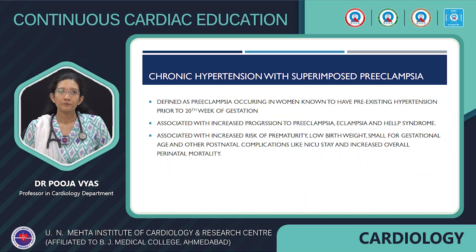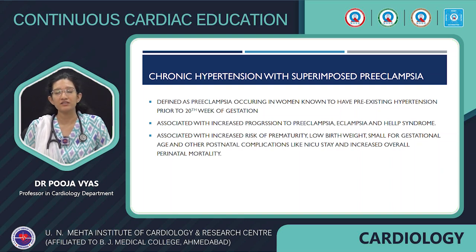When preeclampsia occurs in women who are known to have pre-existing hypertension, like when the hypertension was present even before the 20th week of gestation, it is called chronic hypertension with superimposed preeclampsia. That means chronic hypertension plus all the findings of preeclampsia.